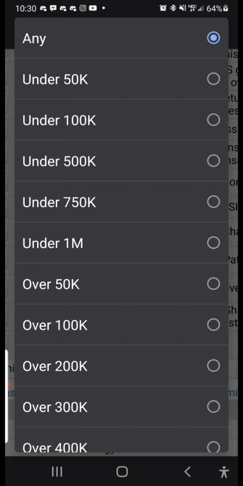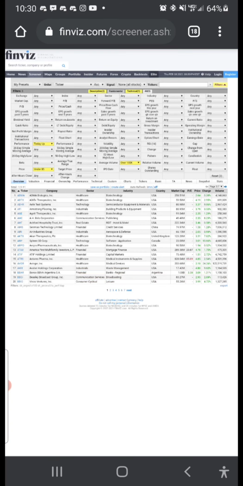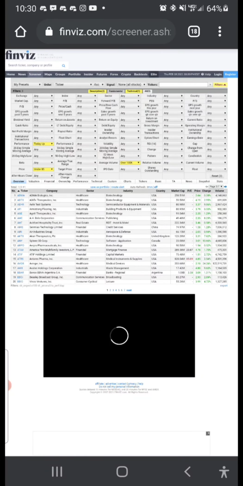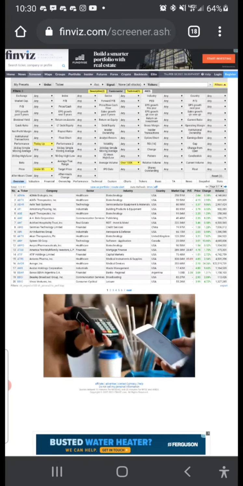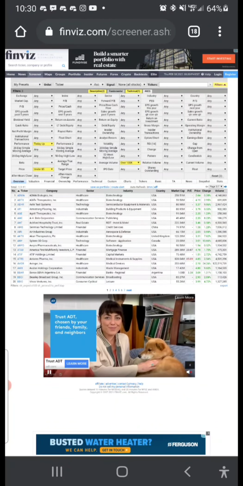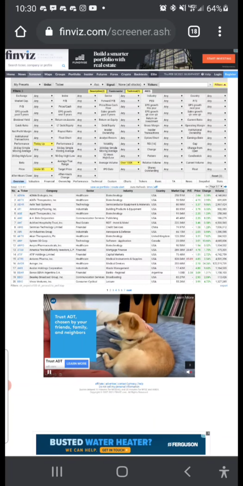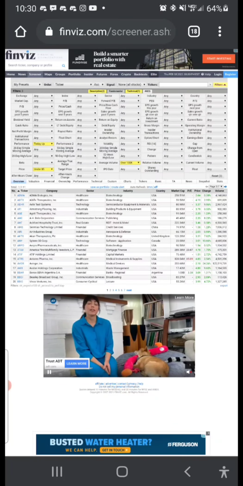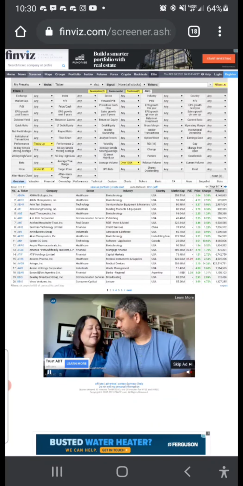If you're in any sort of penny stocks or anything, make sure you're going at least over 100k volume, because really anything under that, it probably won't move much, or it could crash with one big sell wall really easily.